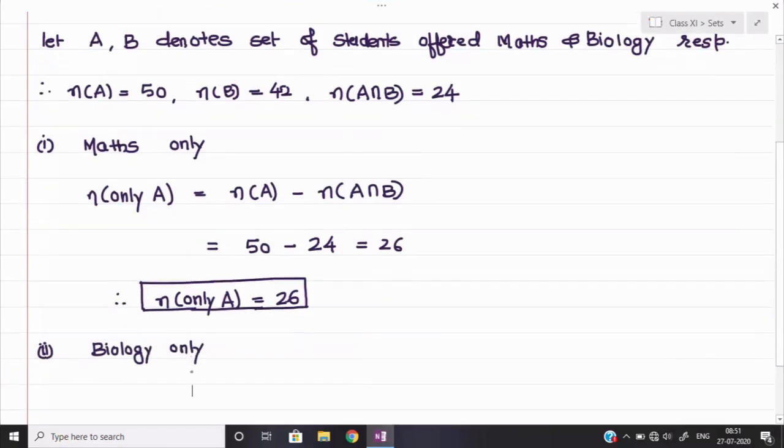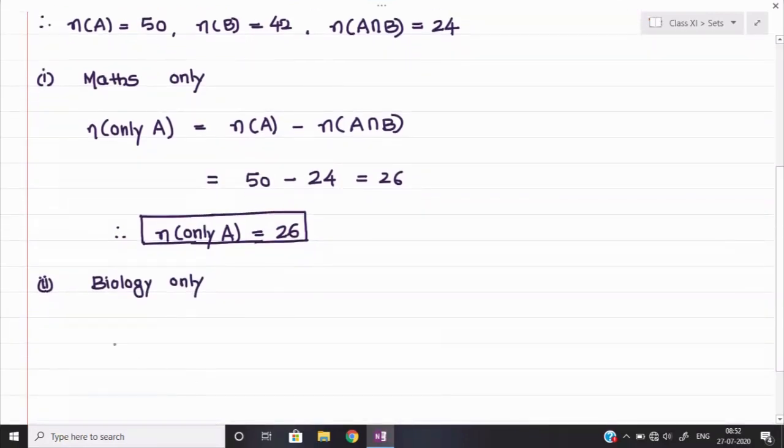So let us start. n of only B is equal to n of B minus n of A intersection B. n of B, that we have 42, minus 24.